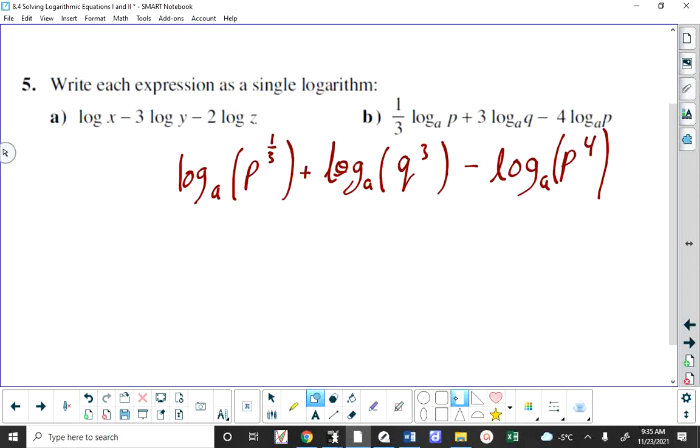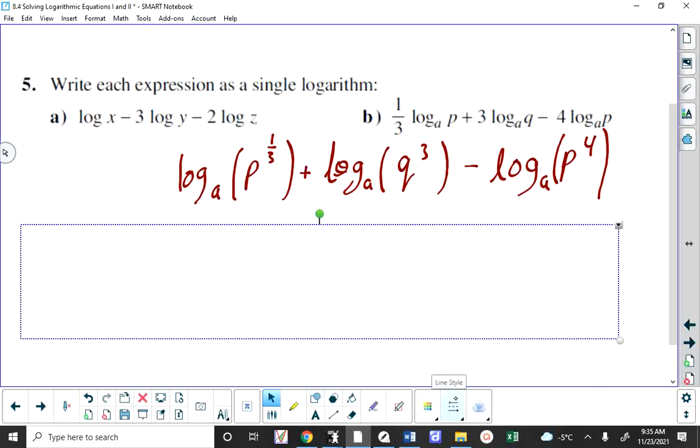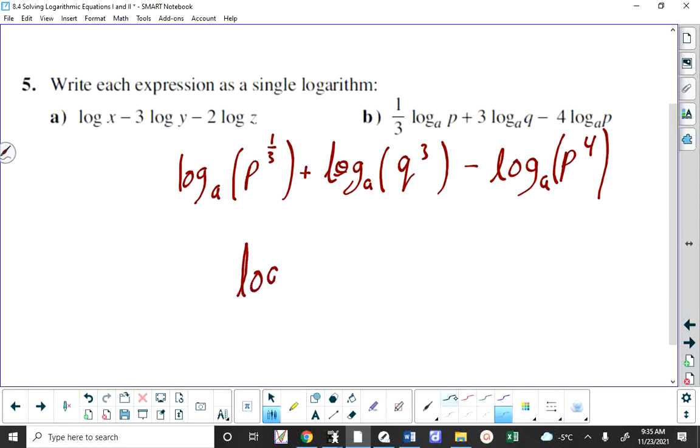So when I put these together as a single logarithm, and I can do this because it is a base a throughout every logarithm, I can put p to the third on the top. I can put q cubed on the top because these are both positive logarithms. And then on the bottom of the argument is p to the 4. And there are two p's and a q.